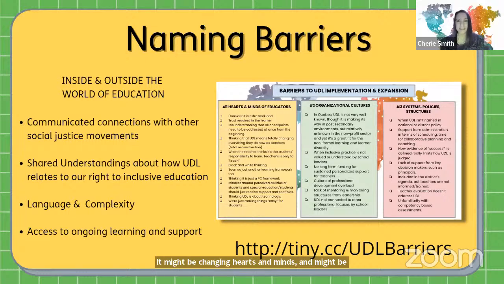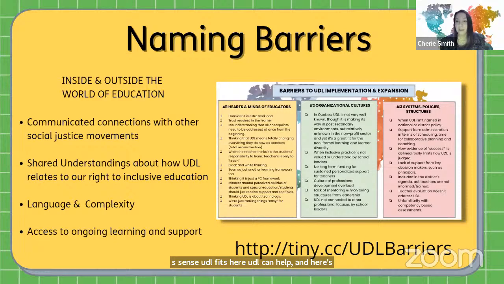If you're a district leader, if you're a state leader, your barriers might look a little different. But we really want to make sure that we're trying to communicate connections with other social justice movements. We're weavers. Beth and I are kind of weavers, we've decided. So we're trying to weave it in where it makes sense. UDL fits here. UDL can help, and here's why.